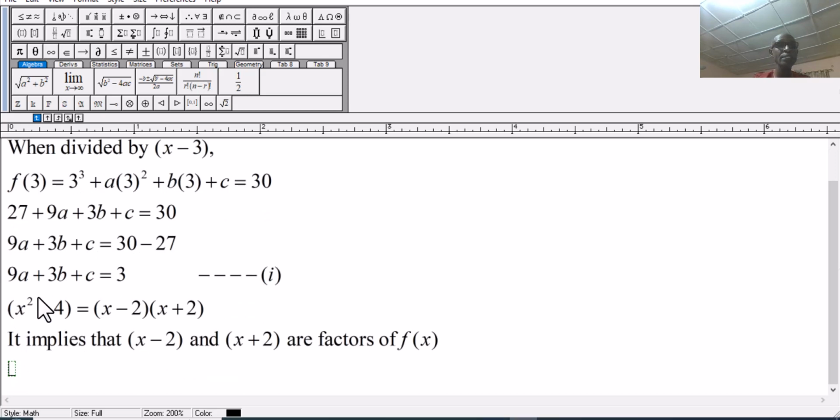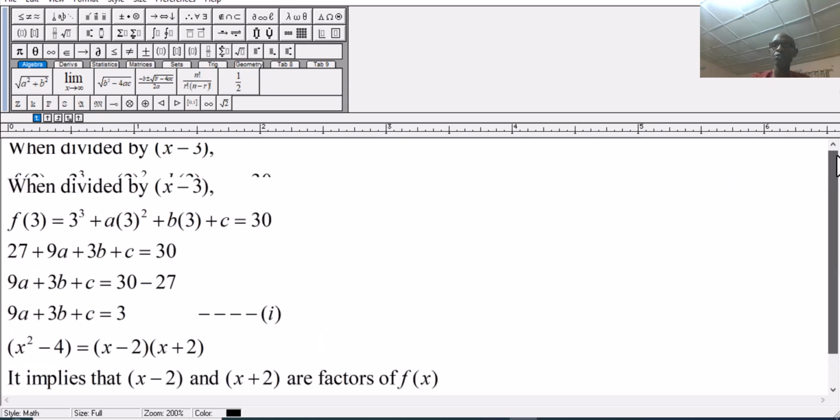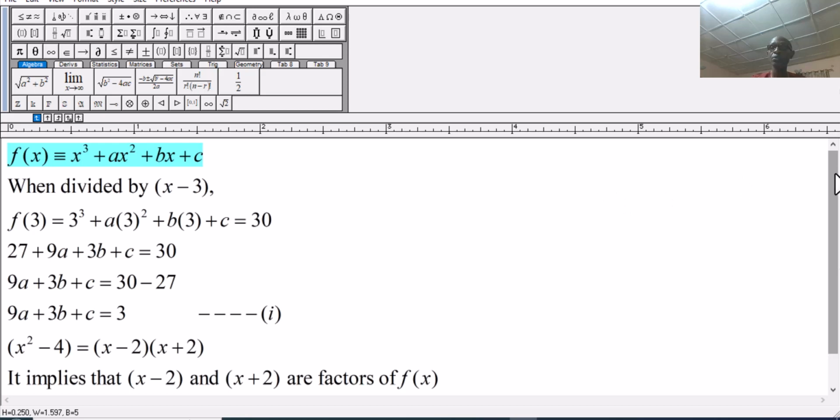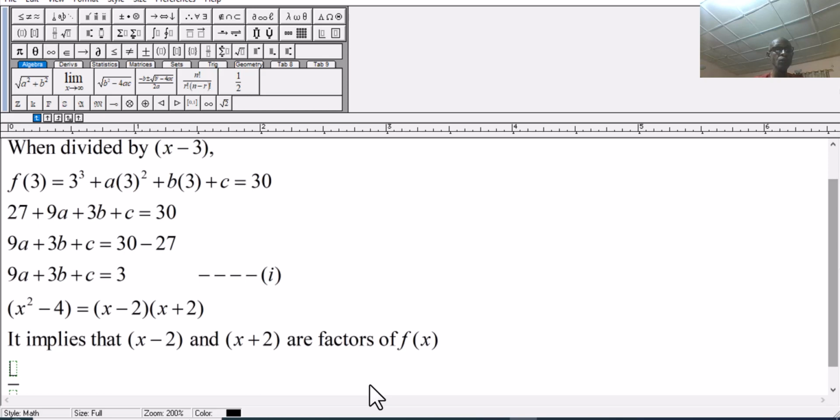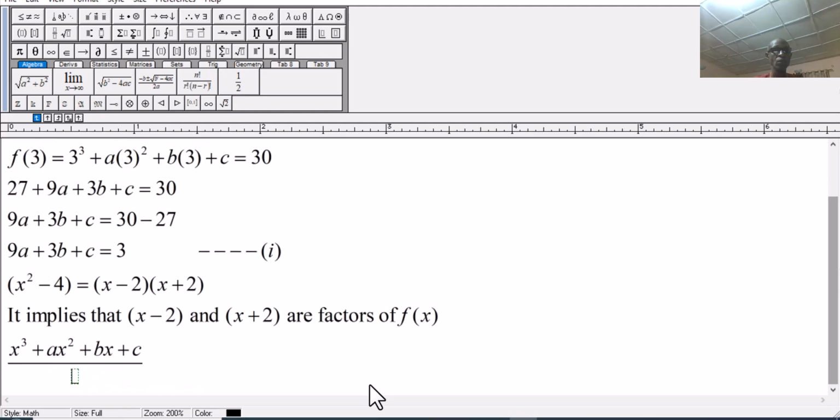So when this original function we are given, minus 4, let's say is equals to h of x without any remainder.